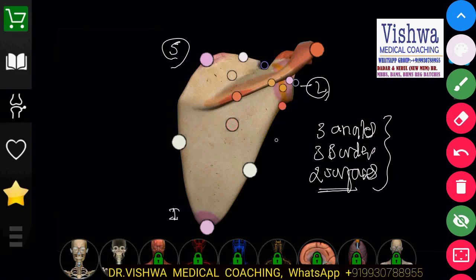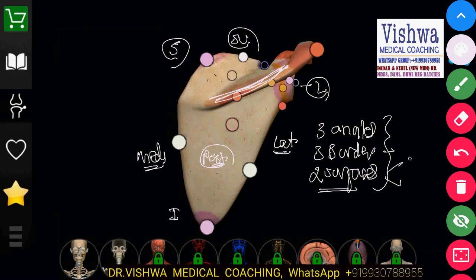This becomes the lateral border, this becomes the medial border, this becomes the superior border. Where the spine is visible, this is the posterior surface, also called the dorsal surface. There are 2 surfaces, right? The other is the costal surface.